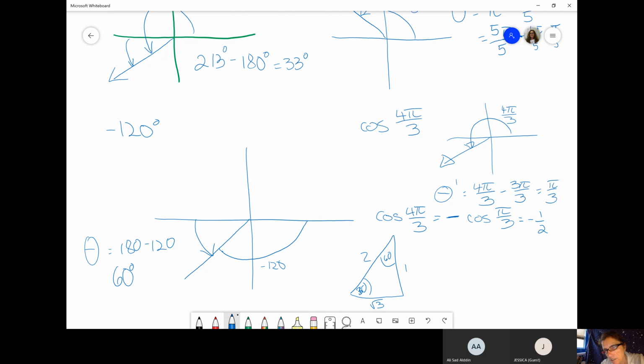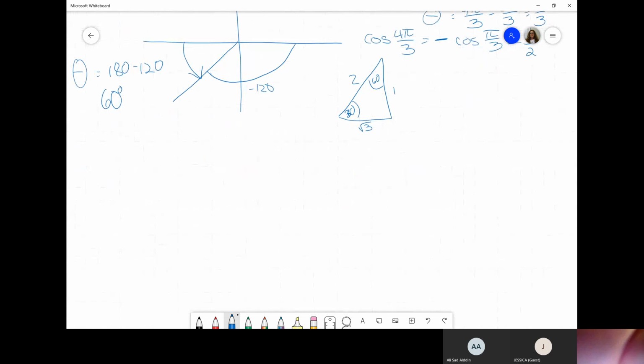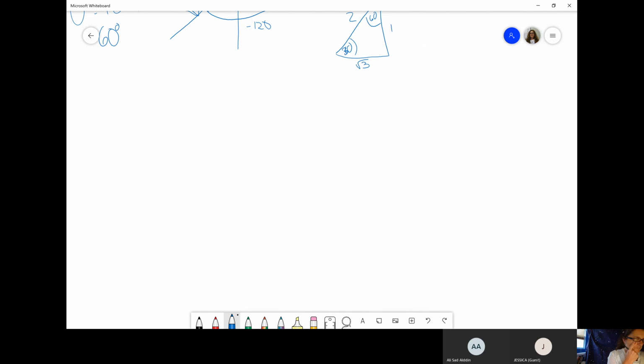The relationship in this triangle is always the same. You just have to know in which quadrant the angle is located. Once you know that, let me show you another one. How about 7 pi, oh, that's a different triangle.